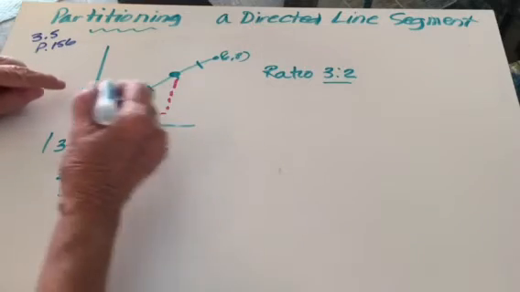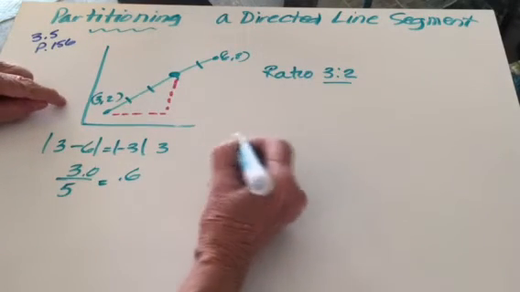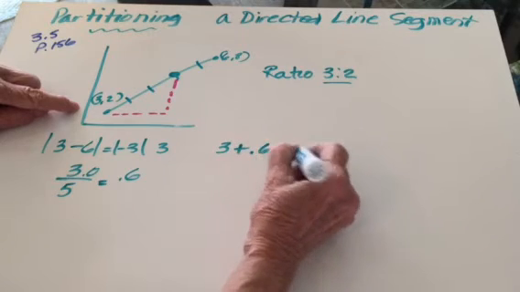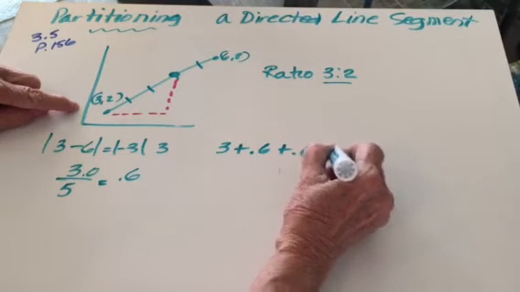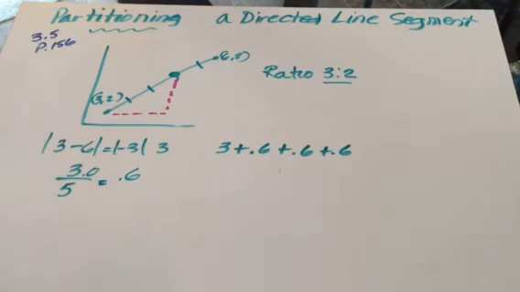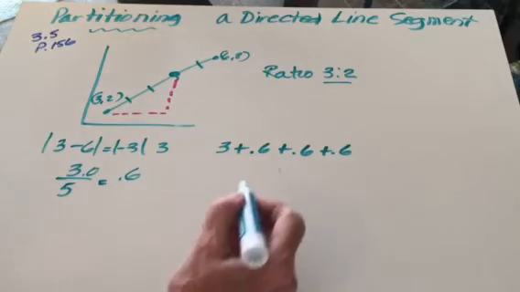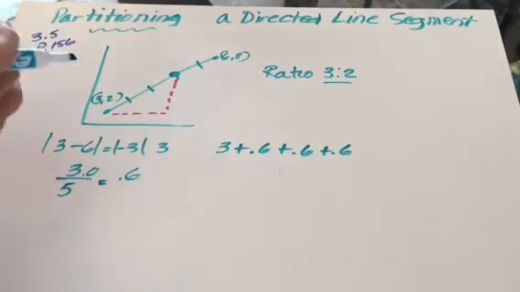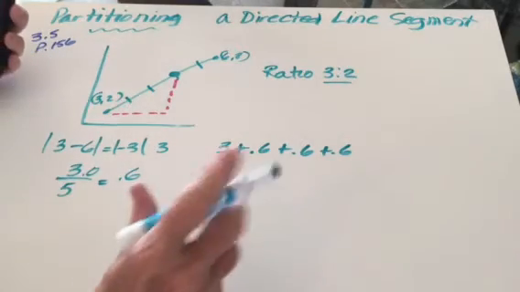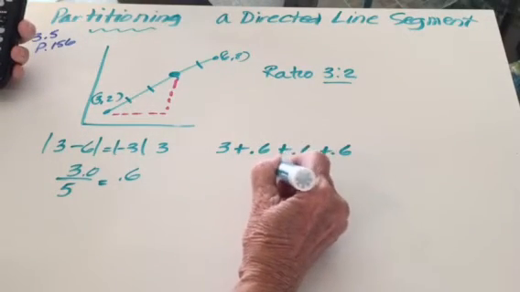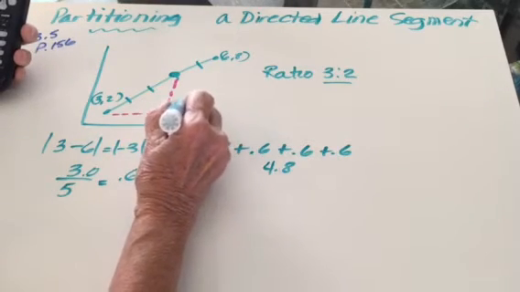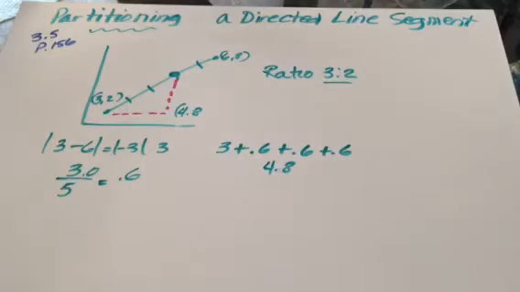So watch this. I'm going to start on 3, and I'm going to add 0.6 and another 0.6 and another 0.6. When I get all done adding those together, 3 plus 1.8 is 4.8. So my new X value is 4.8. Do you get that?